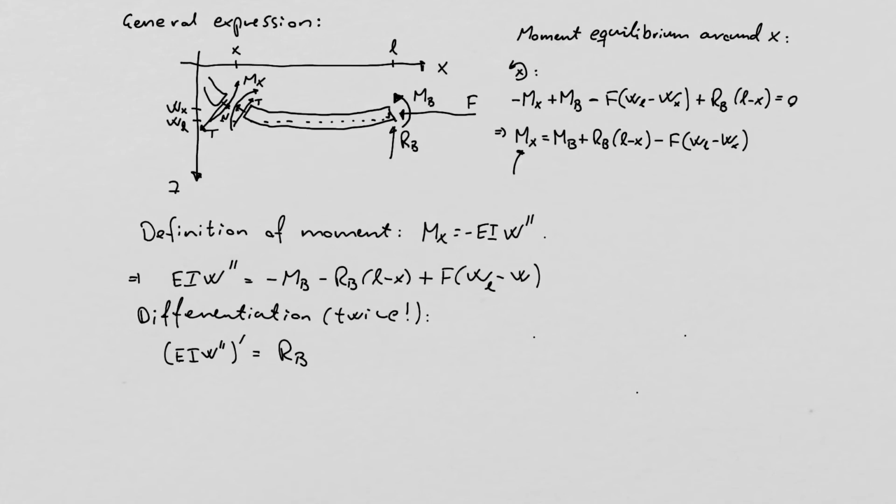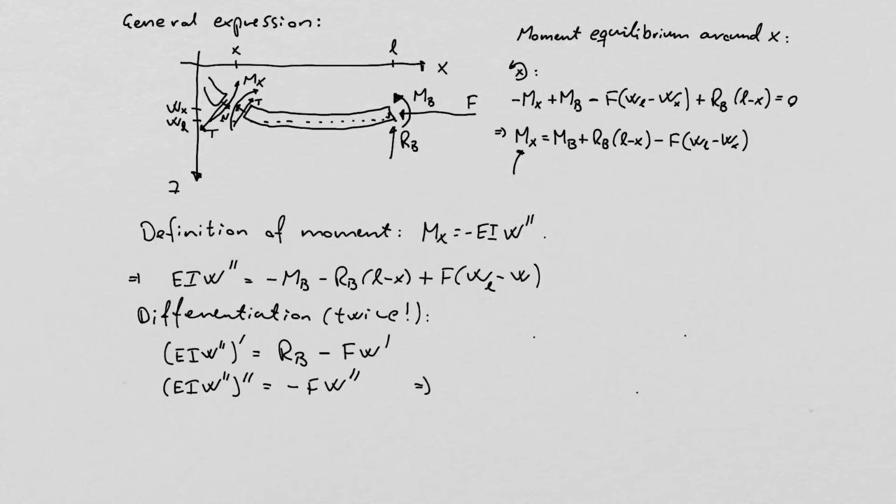So when we differentiate this part, we get minus F times W prime. And then we differentiate once more. Now we differentiate RB. This is, of course, 0 when we differentiate. And now we then differentiate the second term. And we get this quantity.